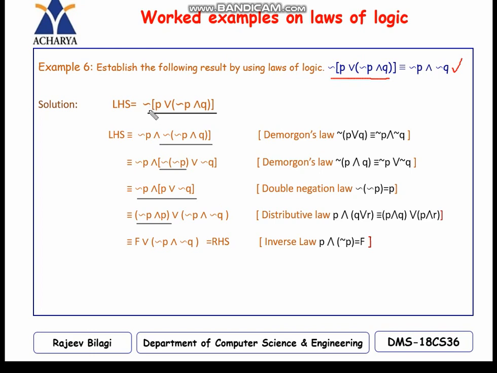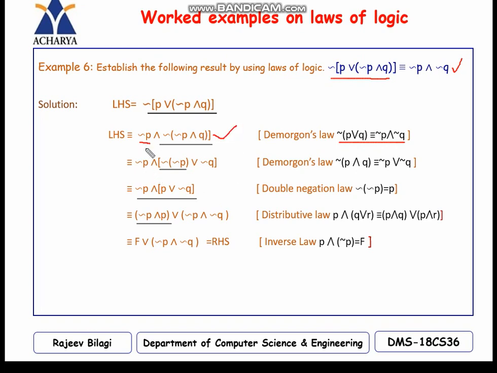So this is of the form P ∨ Q, and ¬(P ∨ Q) is ¬P ∧ ¬Q. If I apply this, it would be ¬P, or becomes and, the negation of inside, ¬(P ∧ Q). So this is the first step.